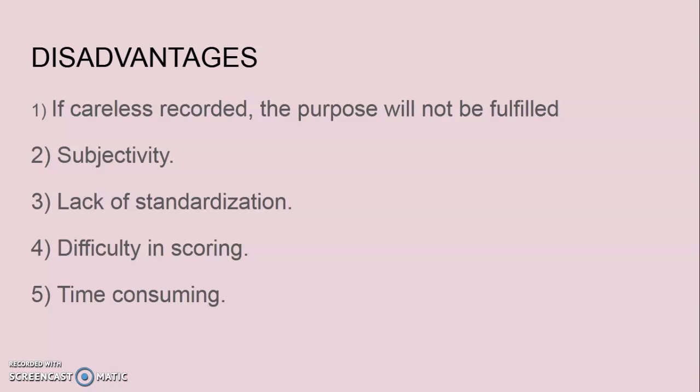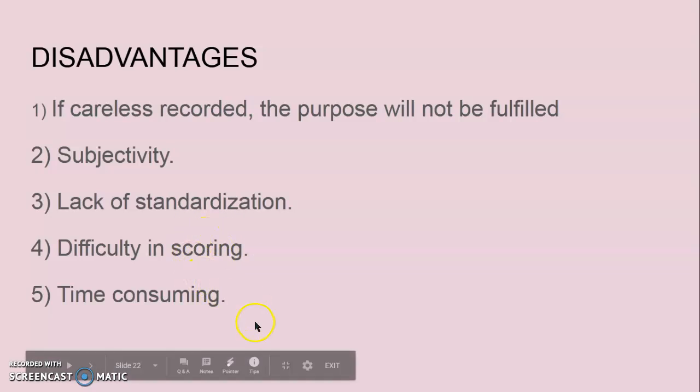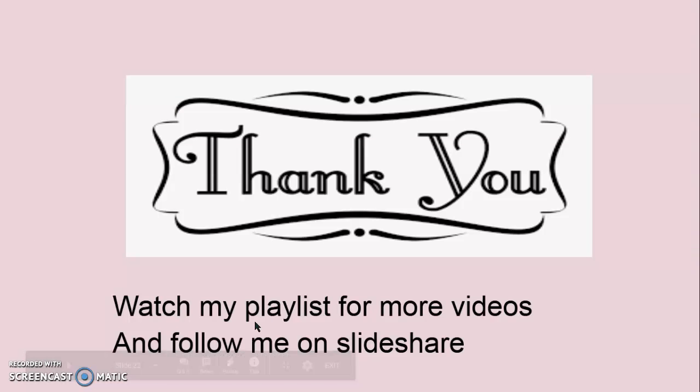But there are disadvantages. If the record is not proper, then it won't be sufficient information. Subjectivity happens, bias may happen, a lack of standardization, as everyone follows a different method of writing, difficulty in scoring, and it is time consuming.